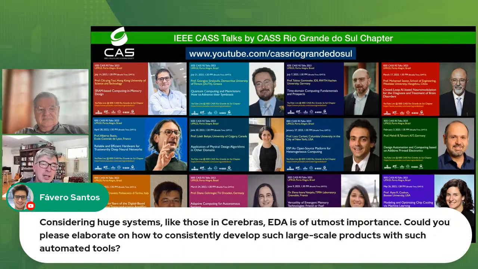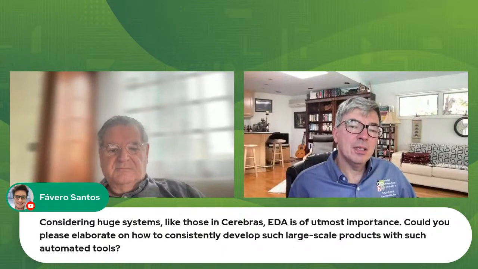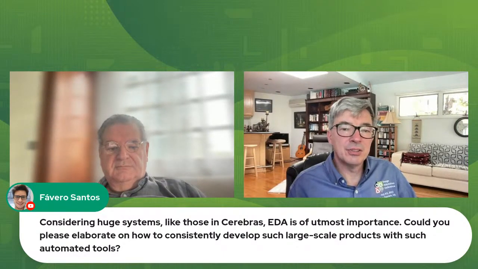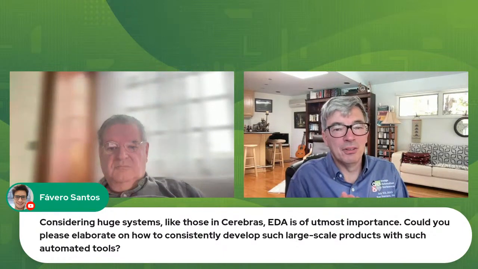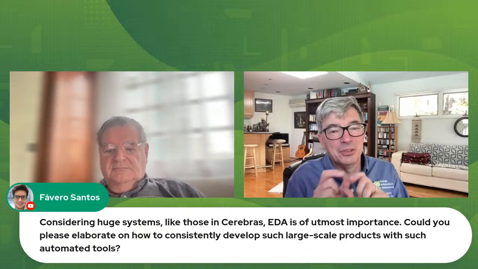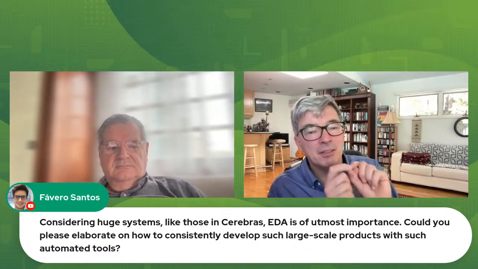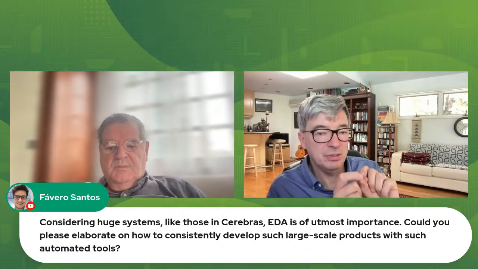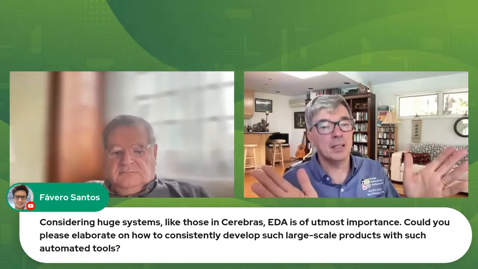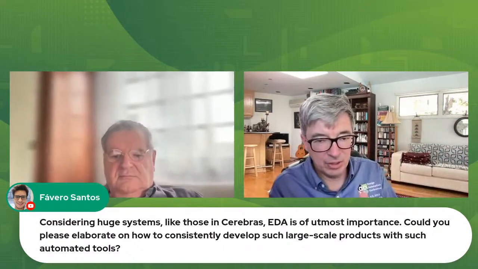If you look at the Cerebras or also other machine learning architectures, they are a two-dimensional array of very similar processors. So from an EDA perspective, you design that processor, which is not that small, not that big, itself. And then you replicate it many times, and then you need all kinds of infrastructure around it.